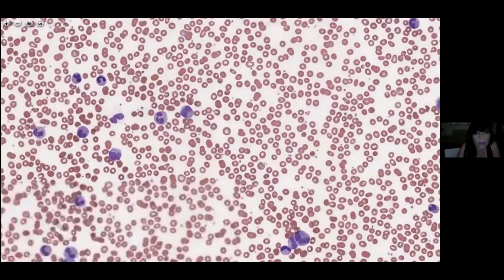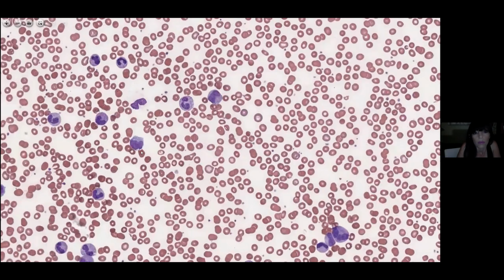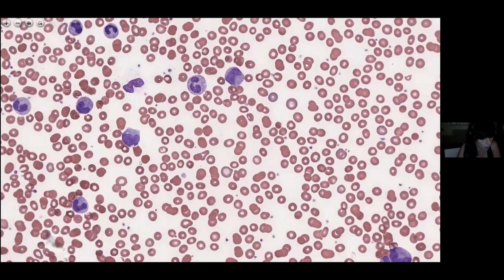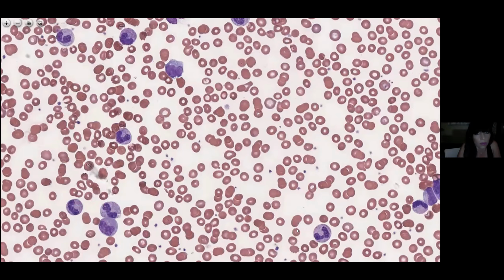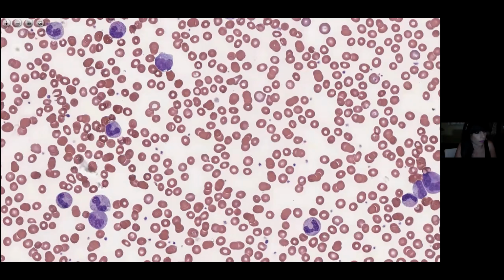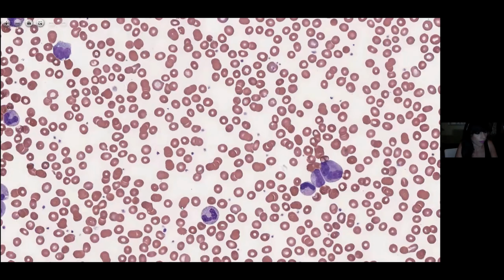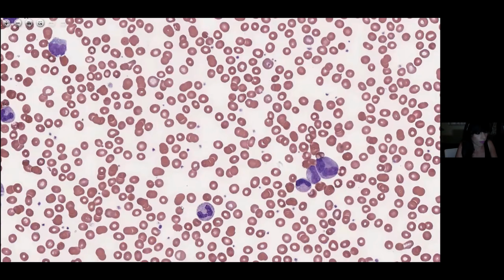So I've been busy scribbling away the main points that you've made. I think the one you've just made about looking at previous counts is really important. The clinical information is really important because we're given the information that this patient is receiving chemotherapy for malignancy.